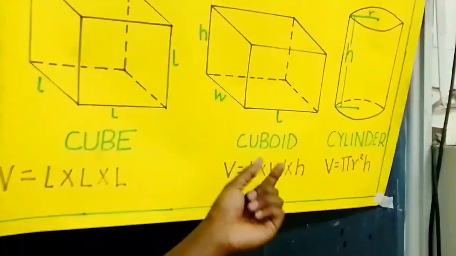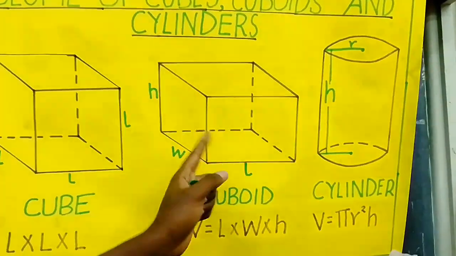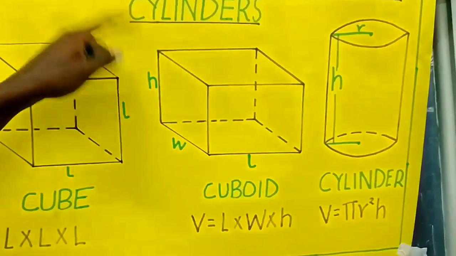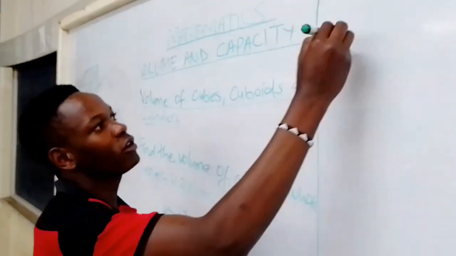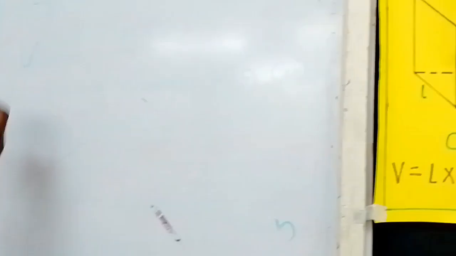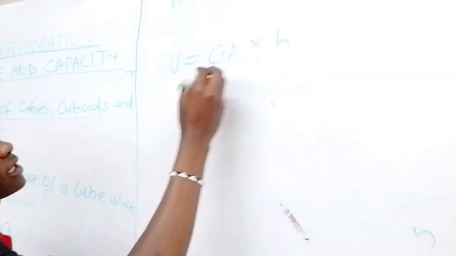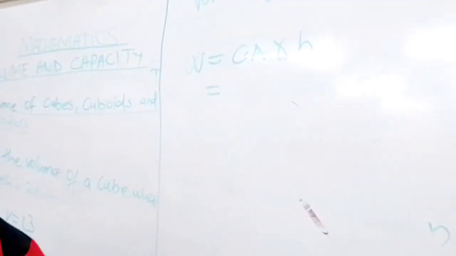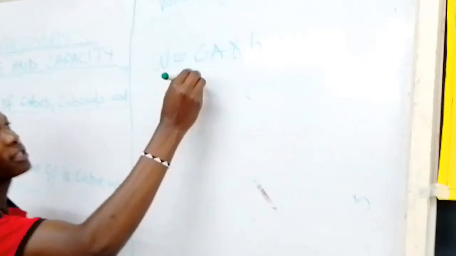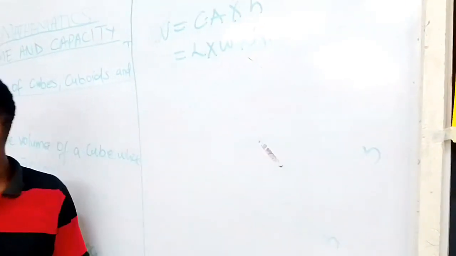The cross-section area is a rectangle, which is length times width. Then we have a height. So from the chart, the volume is cross-section area times height. Our cross-section area is a rectangle, so we have length times width times height. Let's visualize this with an example.